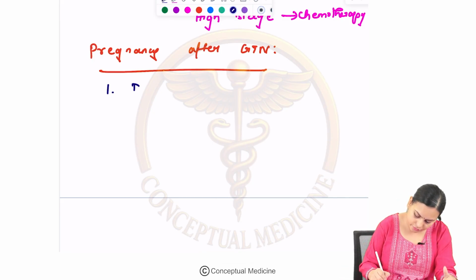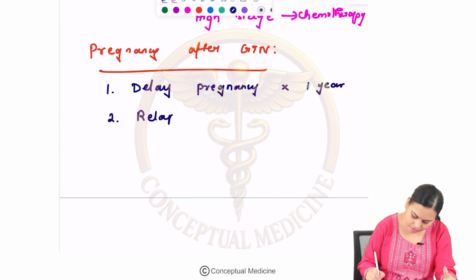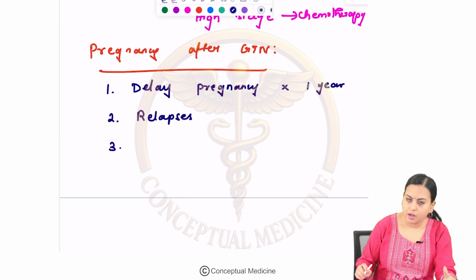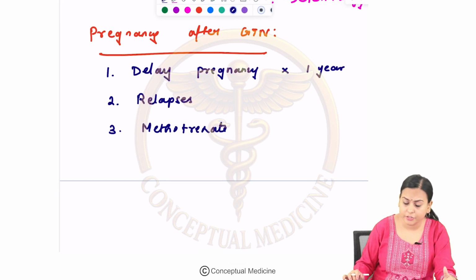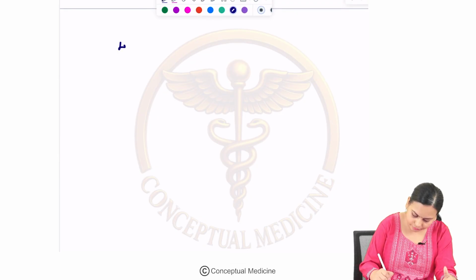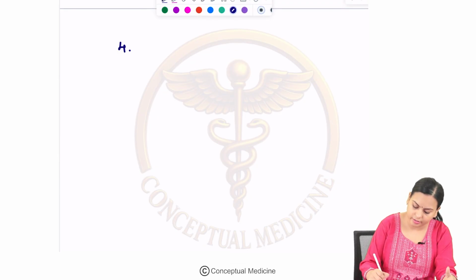Okay, so first point, delay pregnancy for at least 1 year because there can be relapses and methotrexate can persist in the tissue, and then if the woman gets pregnant within this 1 year, then what you will do?